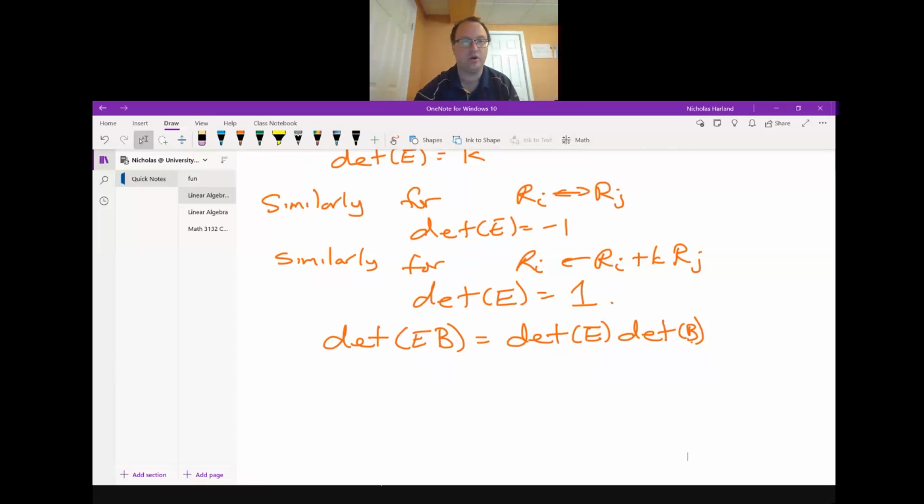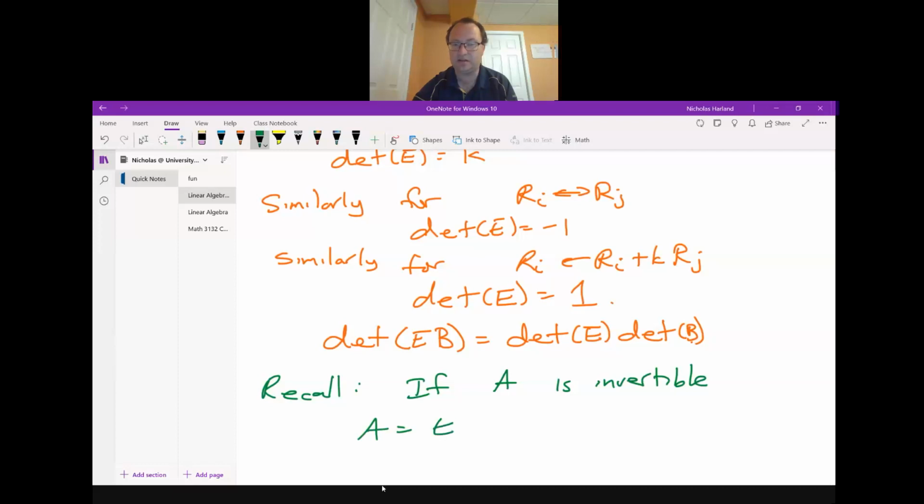However, what we do know from some earlier stuff that we would have seen is that if A is invertible, then A is the product of elementary matrices.